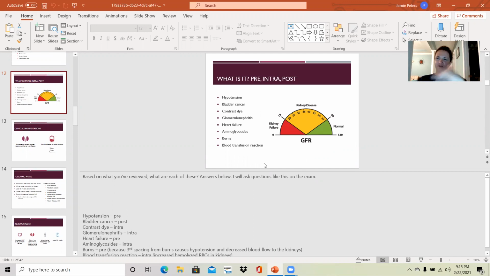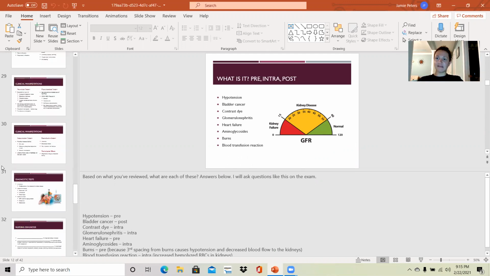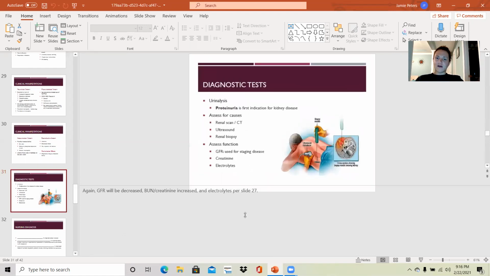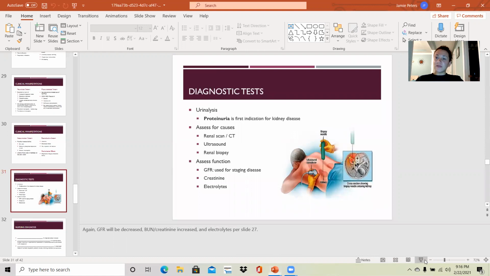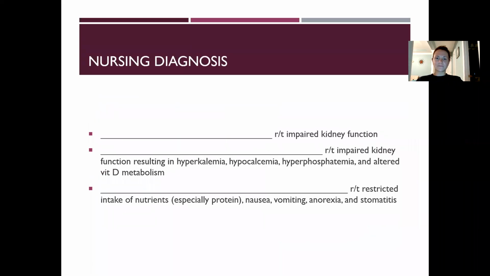But yeah, that just gives you a very rough barometer of how we talk about and stage CKD based on GFR. And then of course, your BUN and creatinine will be elevated, and then your electrolytes will be imbalanced based on that slide that we just talked about.